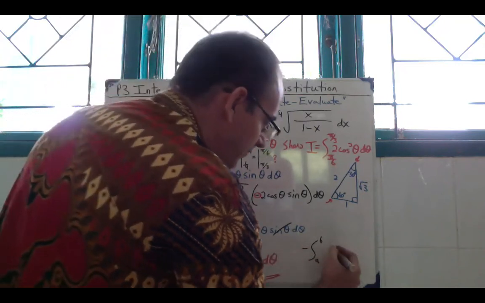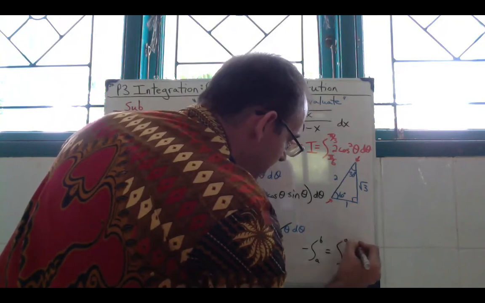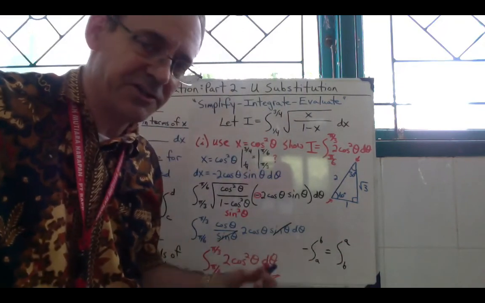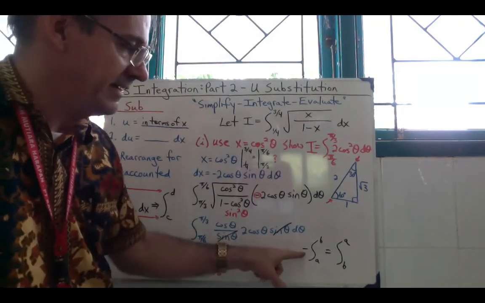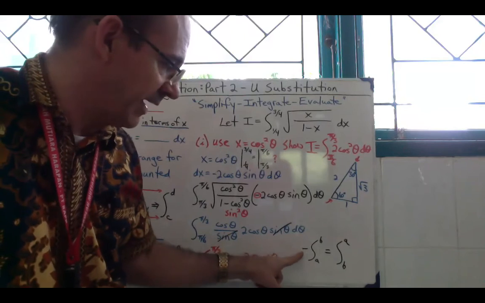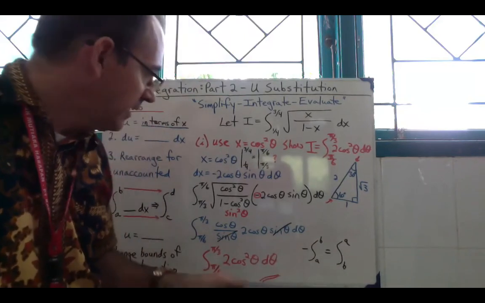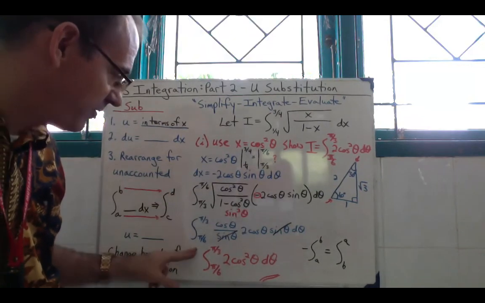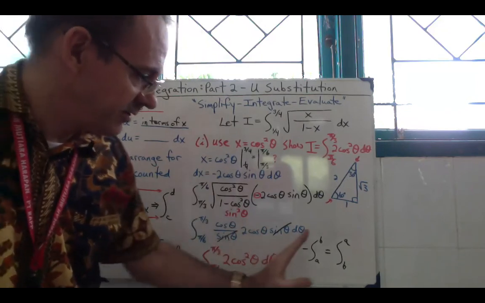A negative of a to b equals b to a. So if you're wanting to flip your bounds of integration so that the smaller's on the bottom and the larger's on top, look for that negative sign. That negative sign is what allows you to do it, and then you can get rid of the negative. So this negative right here is what flips our bounds of integration, and the negative goes away. So that's how you can take care of that.